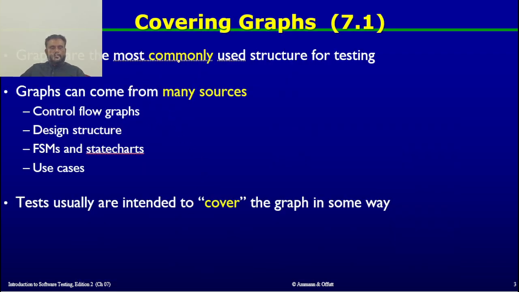Graphs are the most commonly used structure for software testing, especially in the context of white box testing, and these can come from many different sources, as we just saw on the previous slide. The graph we use in this case is called a control flow graph, which is extracted from the source code of a program, and it captures the flow of control from one point of the program to another.